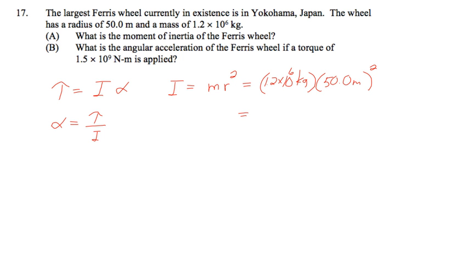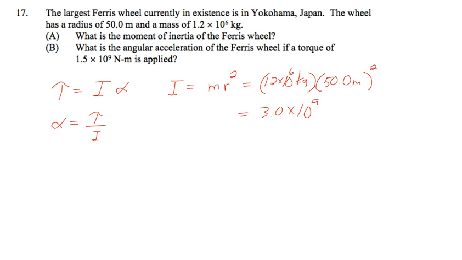It's a very simplified way of referring to a Ferris wheel because it's not really a wheel. Is it exactly 3? Oh, 3.0? Okay, yeah. So 3.0 times 10 to the 9th.